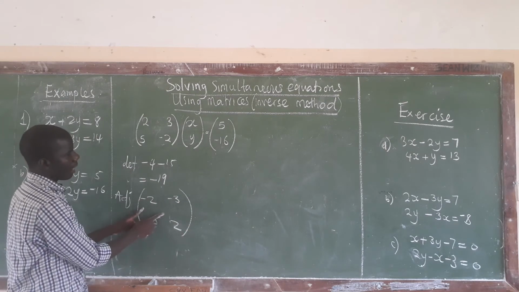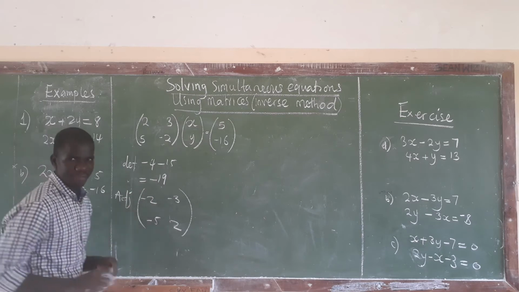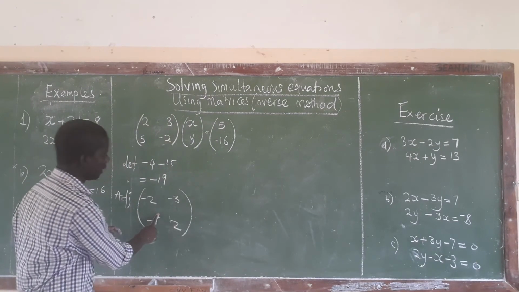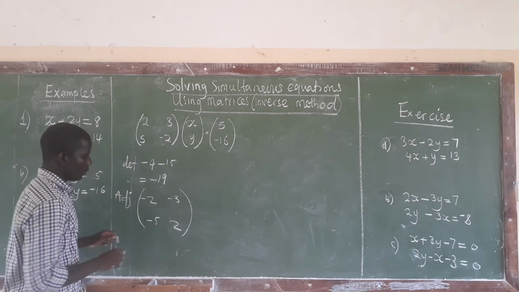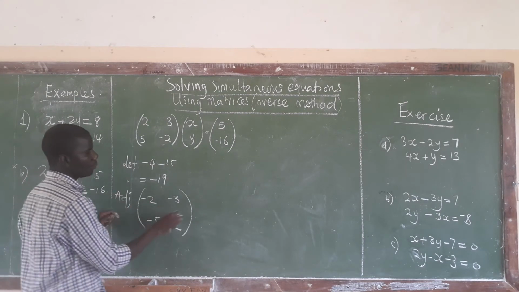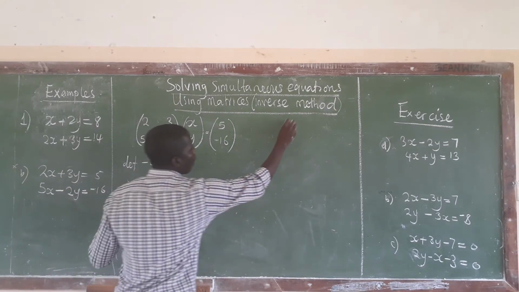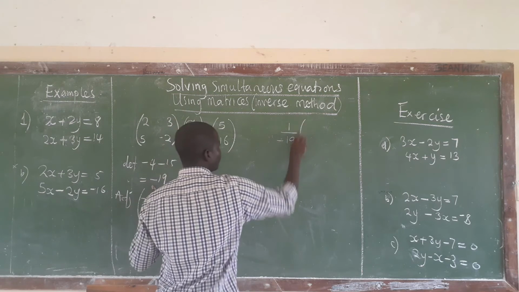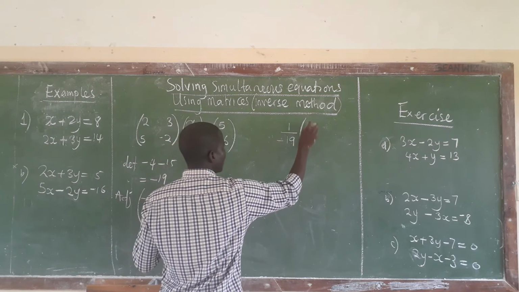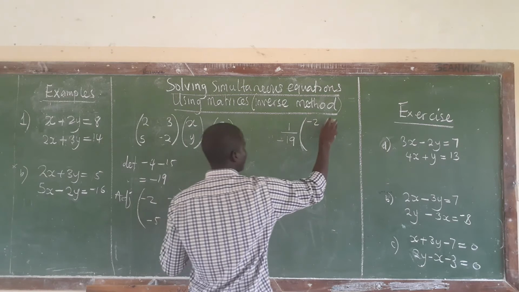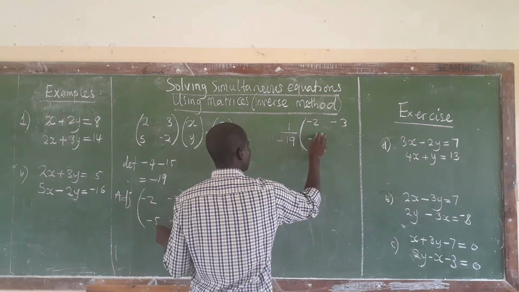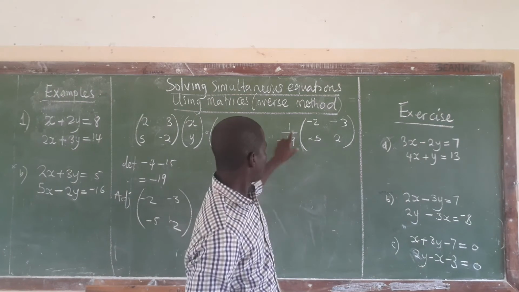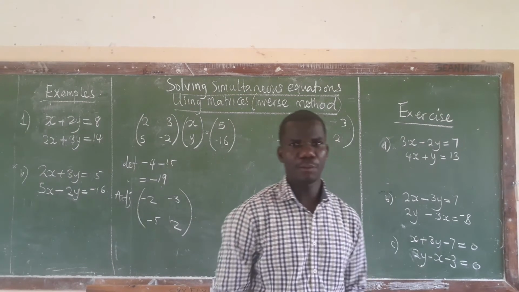So this is our adjoint. Then our inverse is going to be 1 over the determinant, then we have the adjoint here, like this. Alright? This is our inverse now.